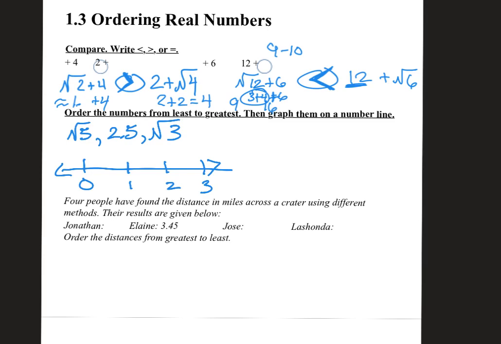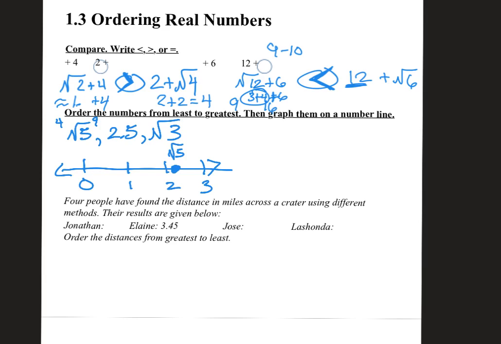The square root of 5 is about what? In between 2 and 3, because 5 fits between 4 and 9, right? And it's going to be closer to the 2 than the 3. So I'm going to put it right here. This is my square root of 5.